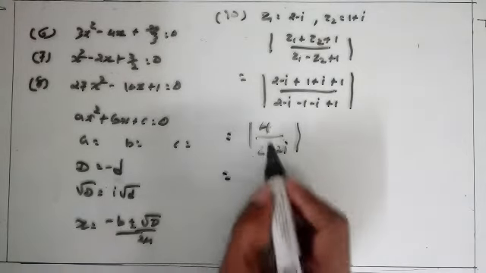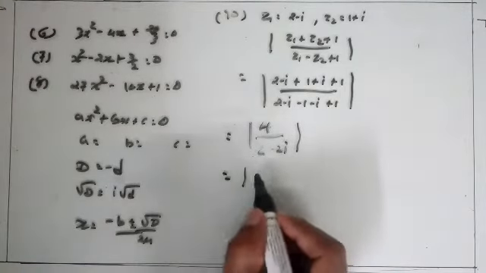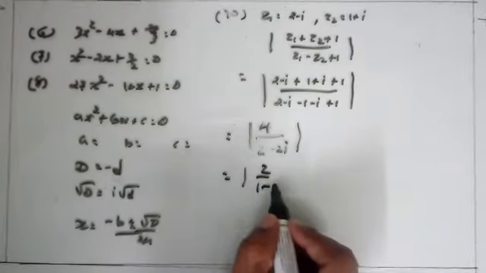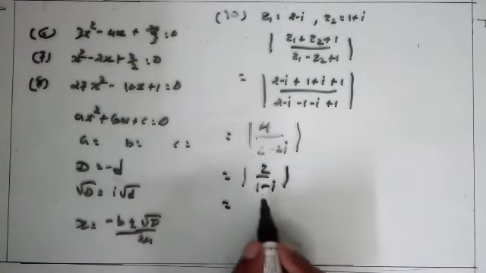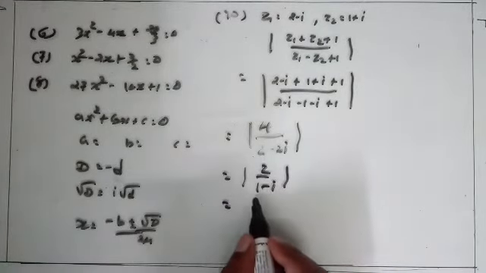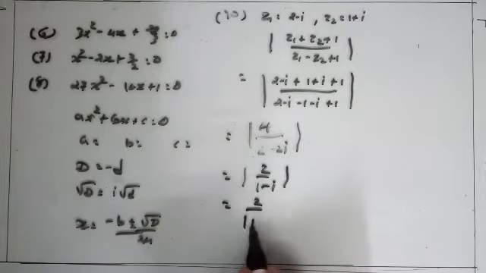Dividing by 2 we get 2/(1 - i). Magnitude of this: mod of 2 upon mod of (1 - i).